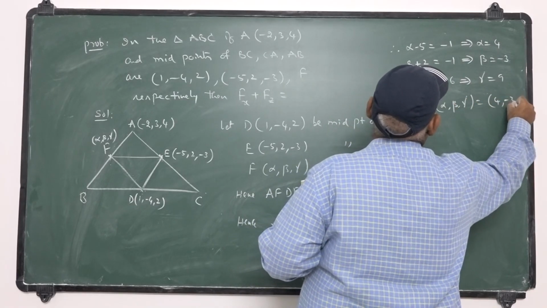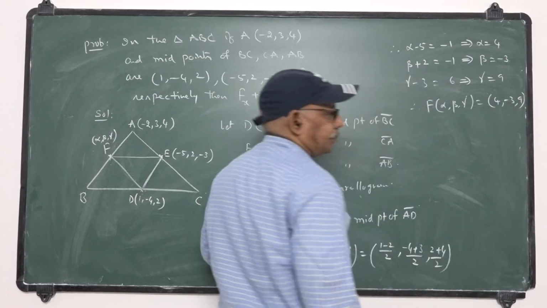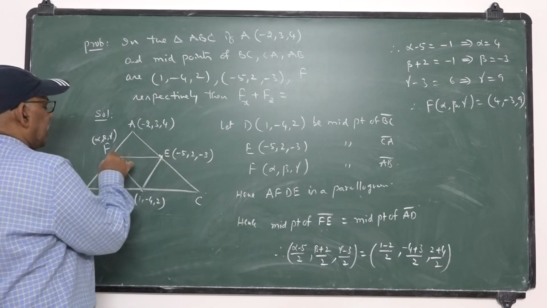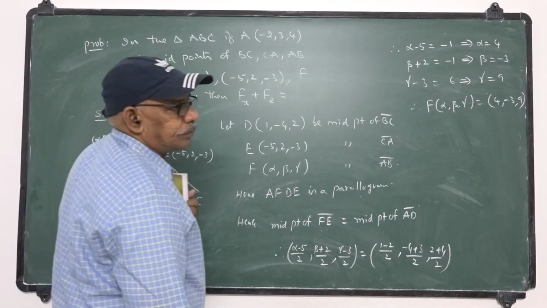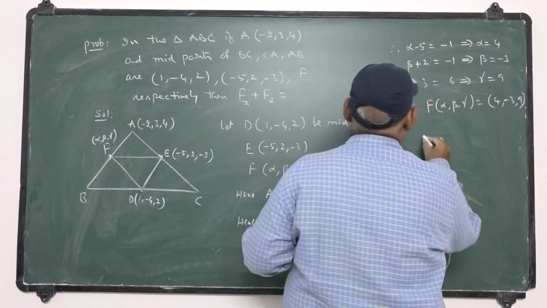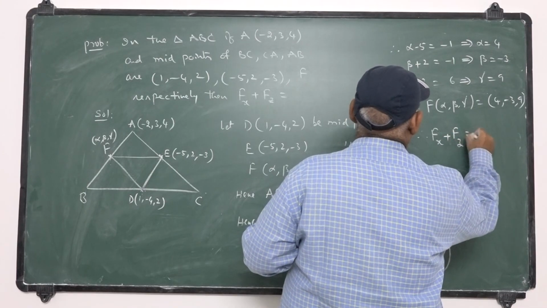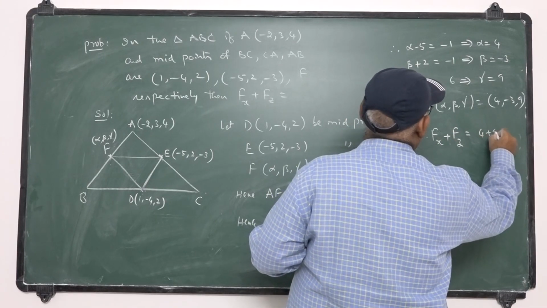So the point F, alpha, beta, gamma is given by 4, minus 3, 9. Just add these two and subtract this one, gives you F. So therefore, Fx plus Fz is 4 plus 9.